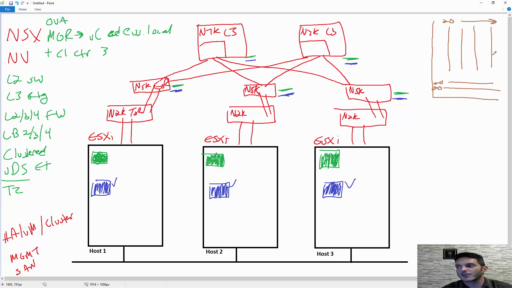Well, in the grand scheme of things, I actually have 40 5108 UCS chassis. So that means I have 40 physical chassis, and each one of these chassis has 8 half-width blades in it. That means if you multiply 40 by 8, I have 320 servers. That means I can have 320 hosts, right?